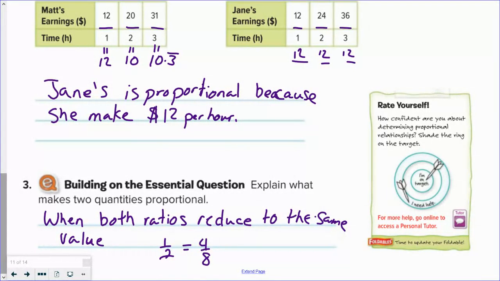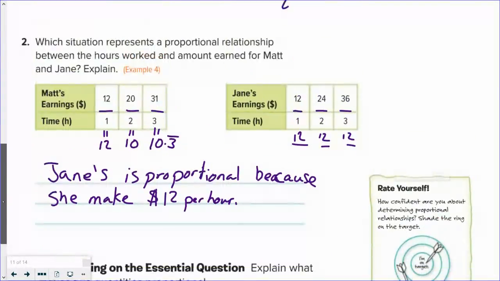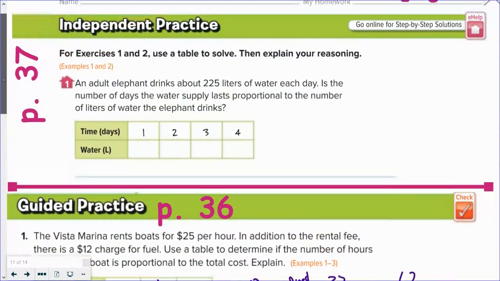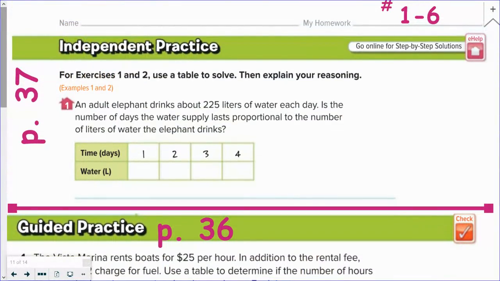All right, let's actually look at number 1 of your homework. So your homework is page 37, doing 1 through 6. Now, some of these problems do have an A and B section to it, so you need to make sure you do both parts. So an adult elephant drinks about 225 liters of water each day.